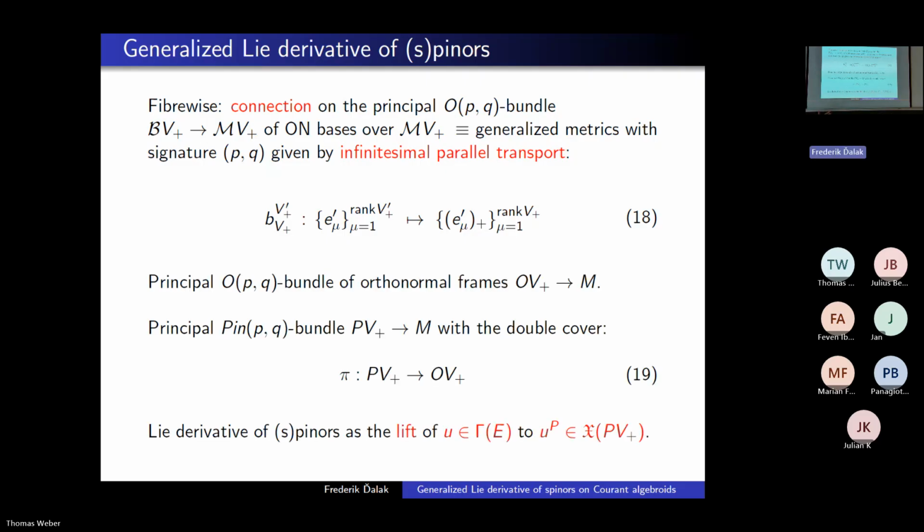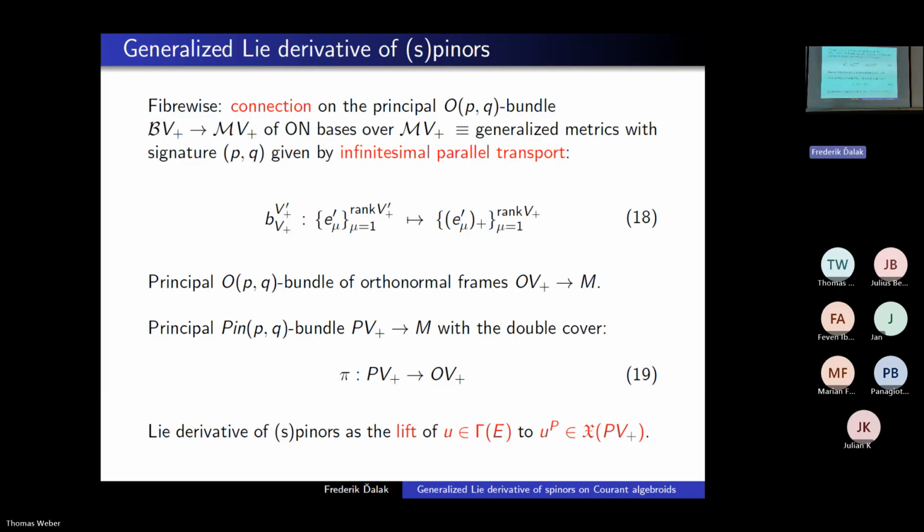And now it is also naturally possible for you to construct a bundle of orthonormal frames for your choice of V plus, being a principal bundle of the orthogonal group over the manifold. And by assumption, we also can construct the Pin bundle for that V plus. And again, there is a double cover surjective map on the total spaces, going from the total space of the Pin bundle to the bundle of orthonormal frames over V plus.